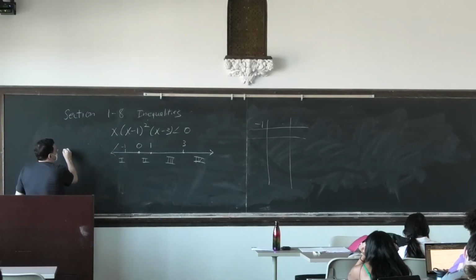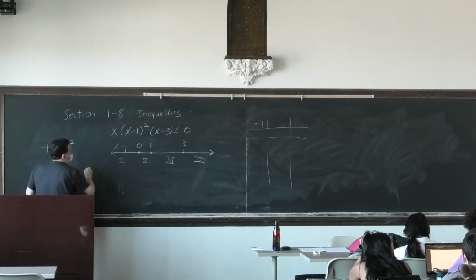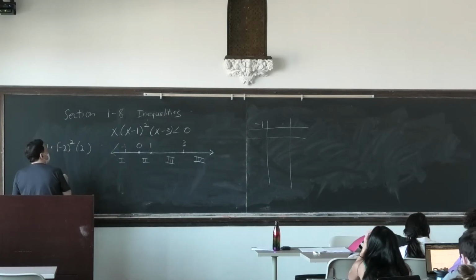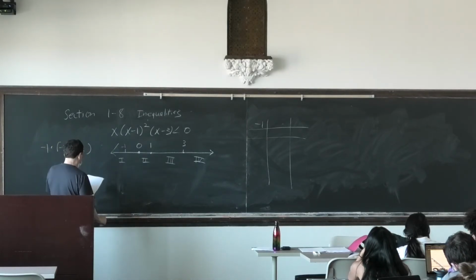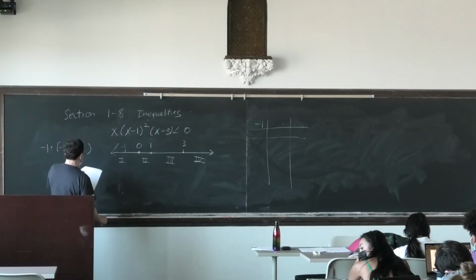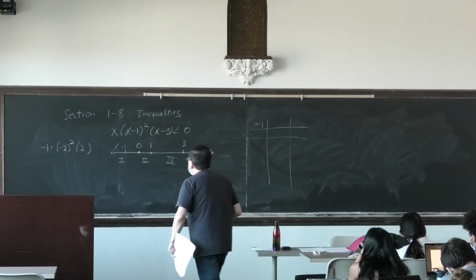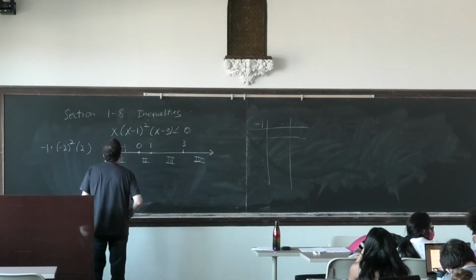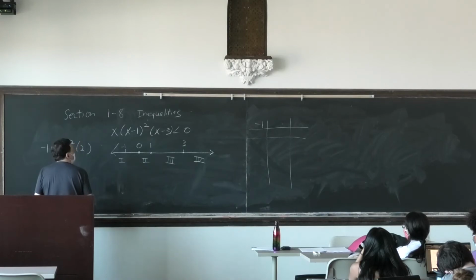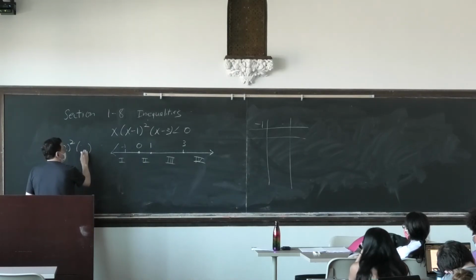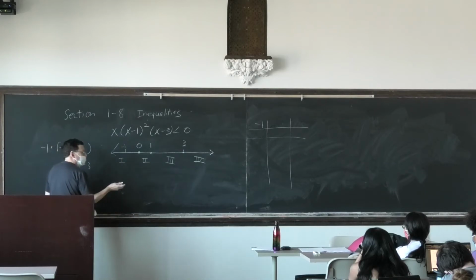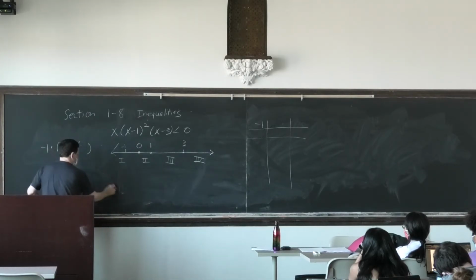Minus 1 times minus 2 squared times... Wouldn't it be minus 4 instead of minus 3, because you're subtracting 3 from minus 1? Yeah, I knew I was doing something wrong there.